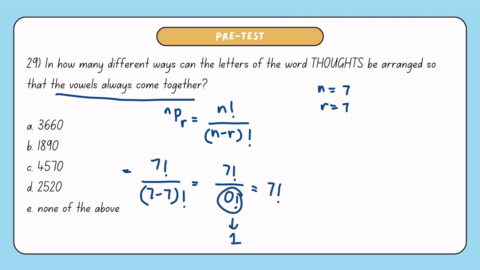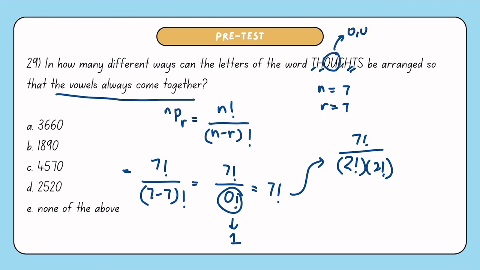Ngayon, kailangan naman natin i-consider yung number of repeated letters. So, makikita natin na naulit yung letter T ng 2 beses and yung H ng 2 beses. So, kailangan natin i-divide to by 2 factorial times 2 factorial. Tapos kanina, di ba minention natin na iti-treat natin yung OU as one object? Ngayon, kailangan naman natin i-consider yung fact na pwede siya maging UO.